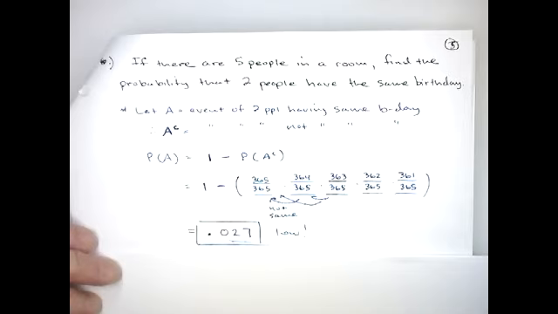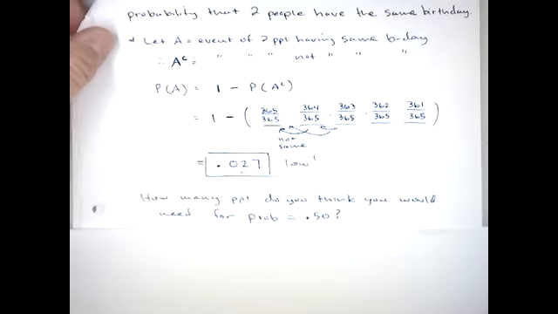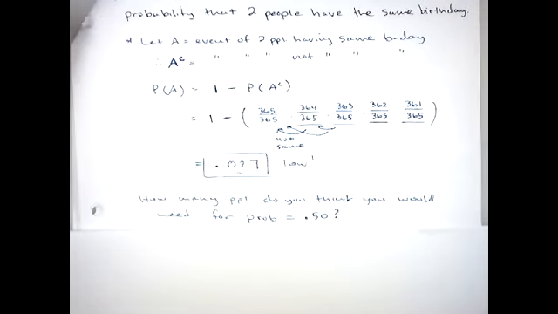But an interesting question: how many people do you think you would need in a room so that the probability 2 people have the same birthday is 50% or higher? What's the minimum number of people? And maybe to set that up, think about this. How many people would you need in a room to guarantee 2 people have the same birthday?